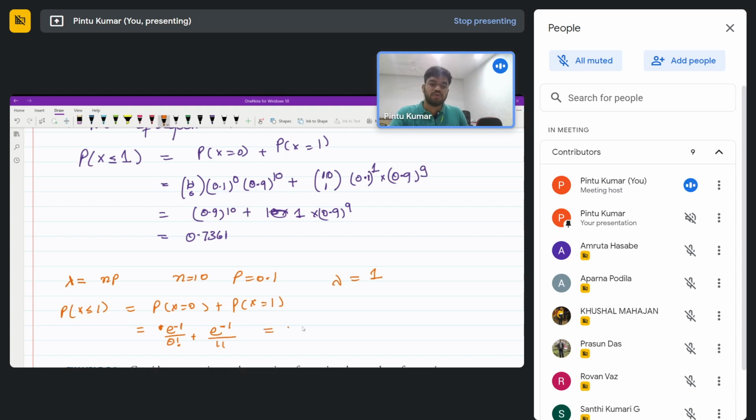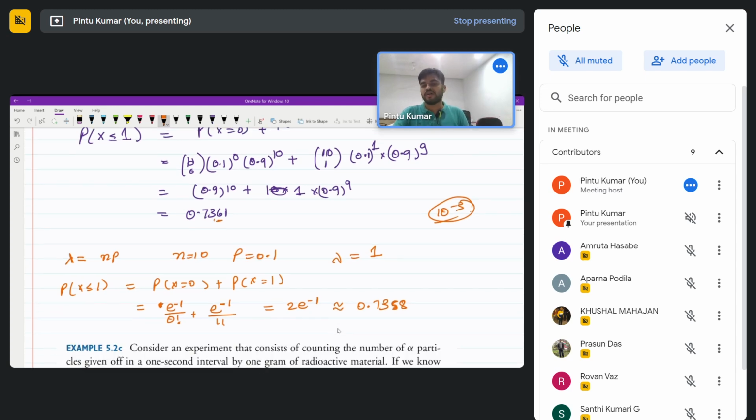So this is nothing but 2 e to the power minus 1, which is approximately equal to 0.7358. You can see that the approximation that we got is sort of close, with an error of about 10 to the power minus 3. So you can still accept this. Based on your application, either you can accept it or not.